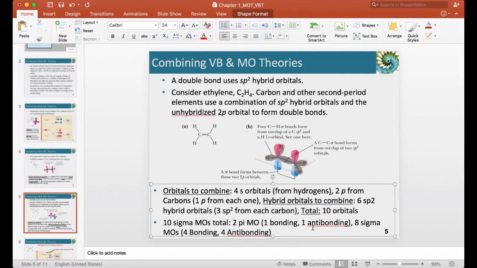So now if we add all these orbitals participating in bonding according to valence bond theory, that will make 4, 2, 6, and 6, a total of 12.